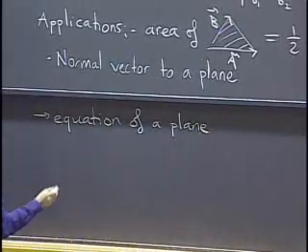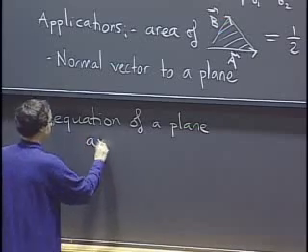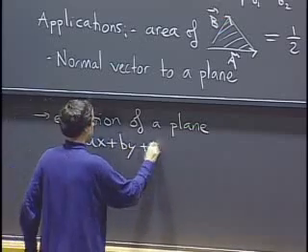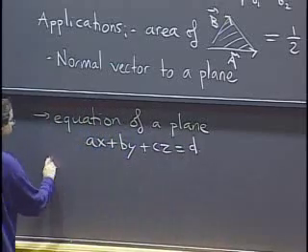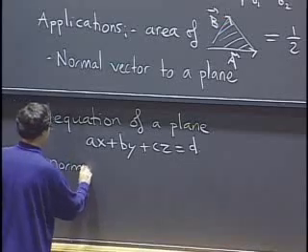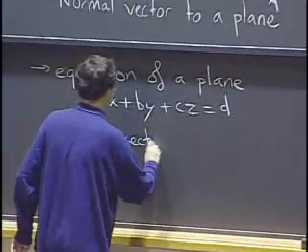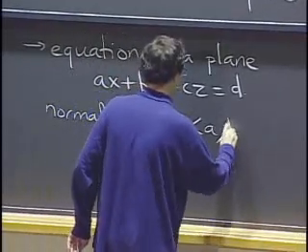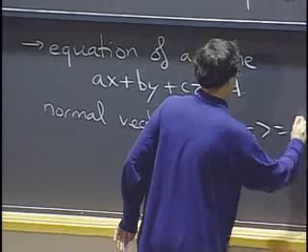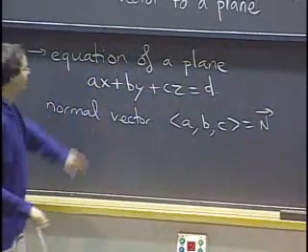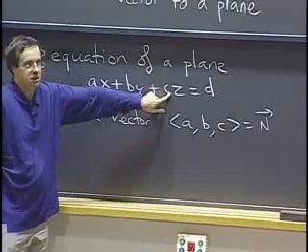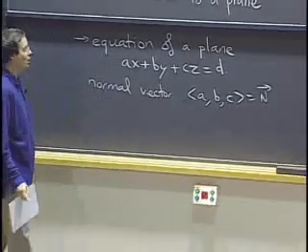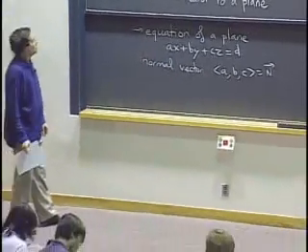Remember, to find the equation of a plane, ax plus by plus cz equals d, what you need is the normal vector to the plane. The components of the normal vector are exactly the coefficients that go into this. And we've seen an argument for why that happens to be the case.